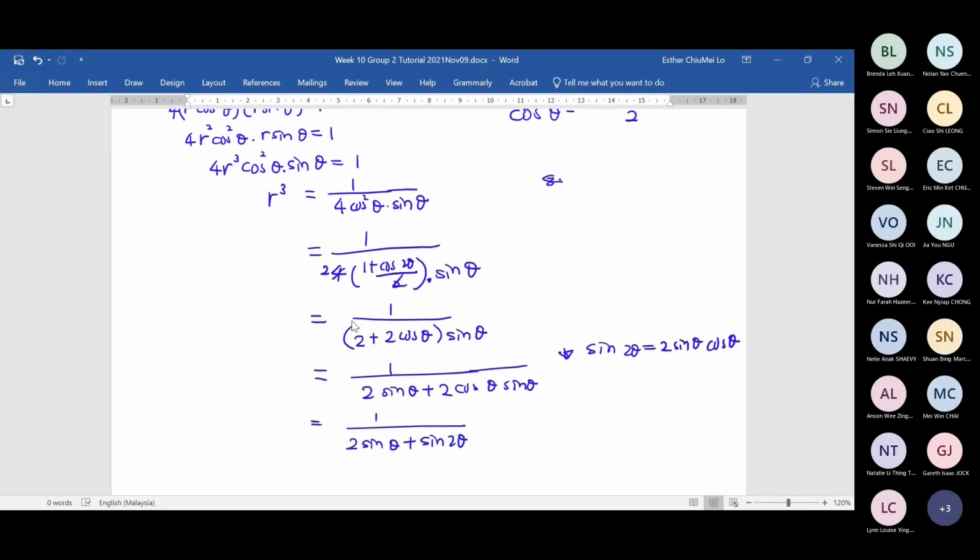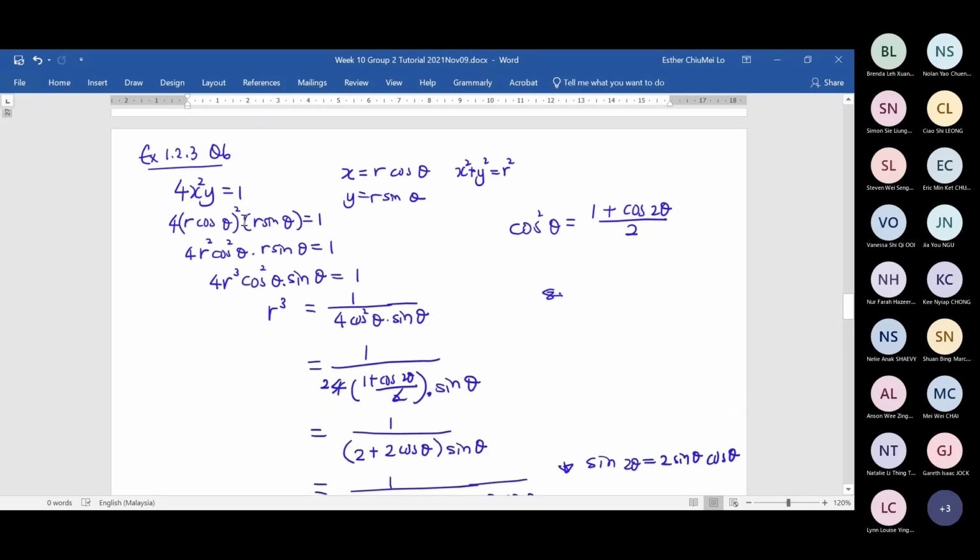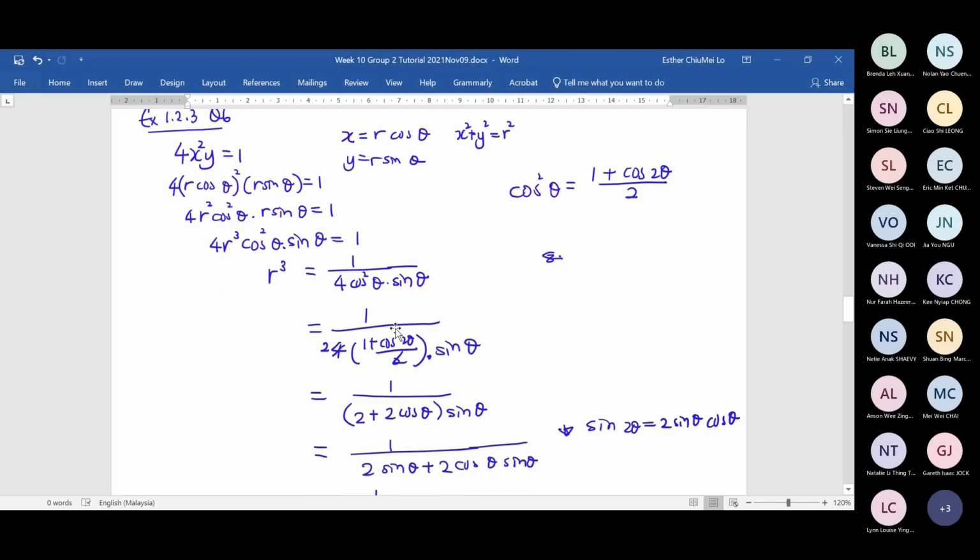Let me double check. X squared y, so r squared cos squared theta times r sin theta equals 1, then divide.